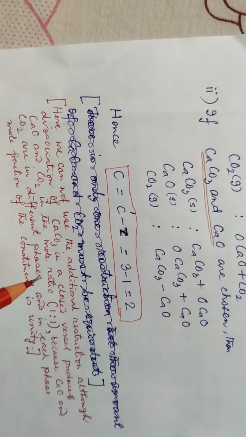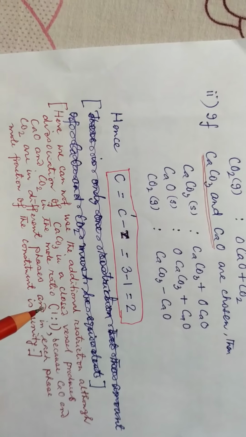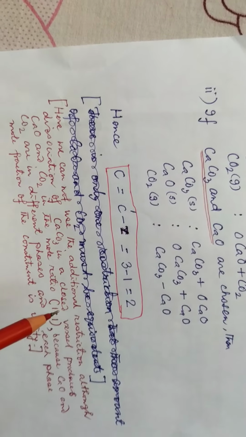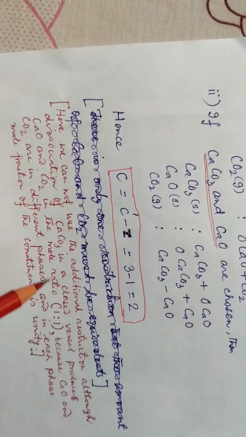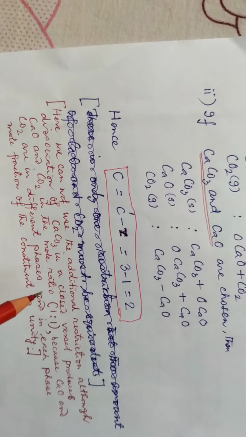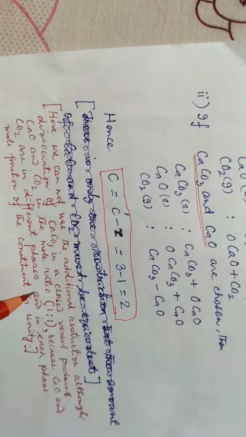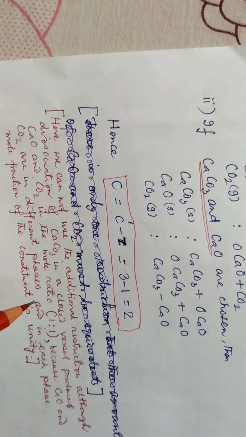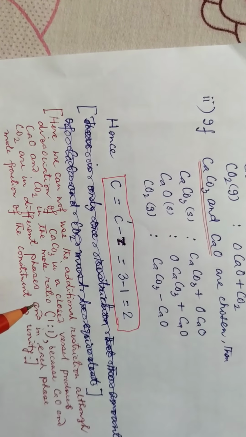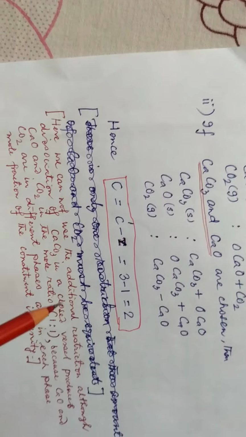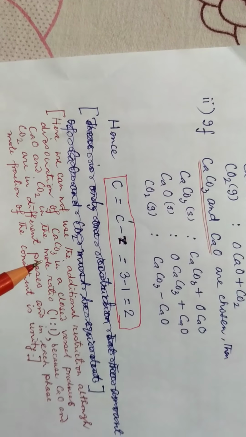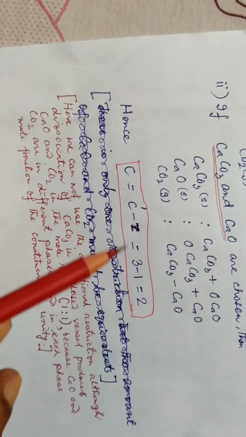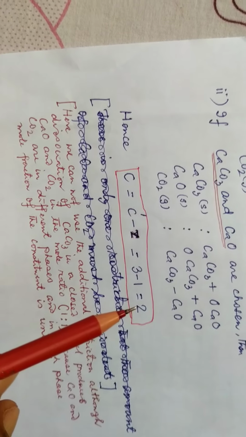Calcium oxide is in the solid phase, so its mole fraction is unity. There is no other thing. And carbon dioxide is in the gaseous phase, where there are no other substances. Its mole fraction is unity. Therefore, the additional restriction has not been taken into consideration. Therefore, C equals 3 minus 1 equals 2.